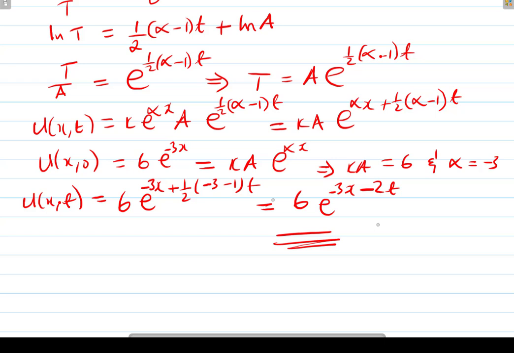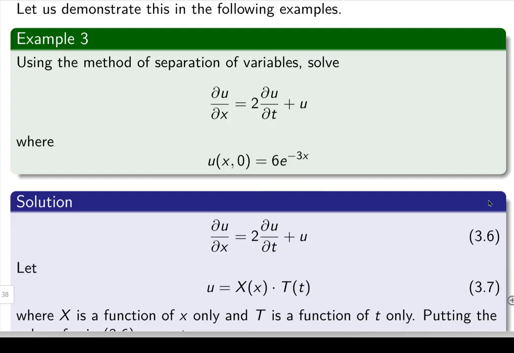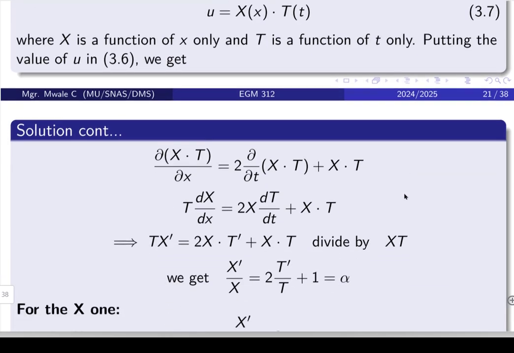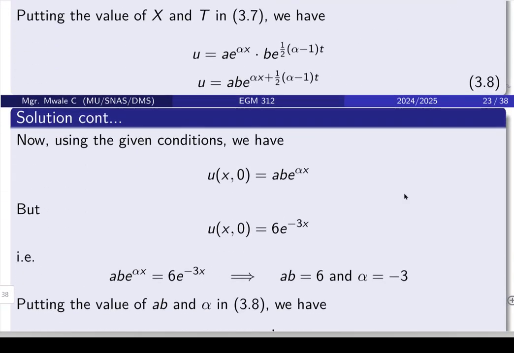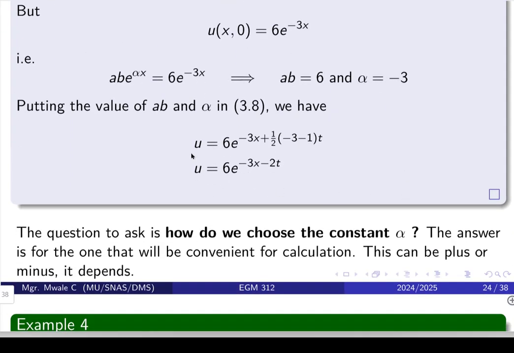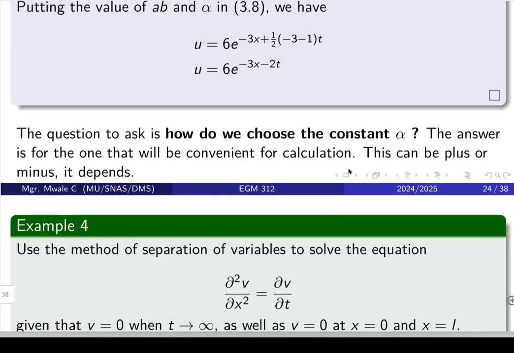So this is how you can solve a partial differential equation using separation of variables. So it's the first example. Let us go to another example. So we arrived at this. This is the answer.